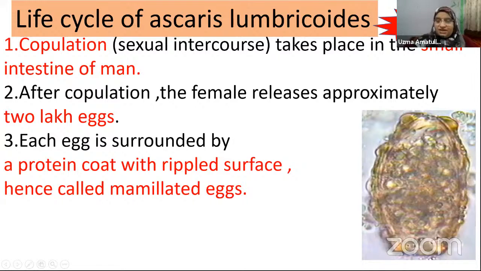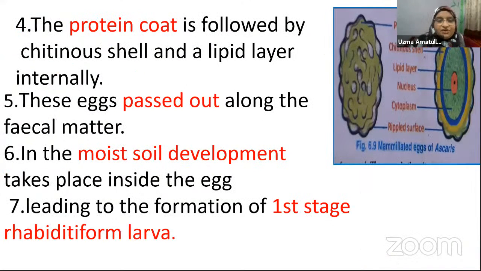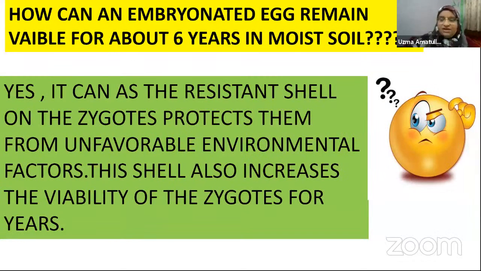On this life cycle, this explanation you have to write. So take screenshots and write all these questions and answers in your notebooks, and then practice. And watch this video 2-3 times, so that if you are missing any point, you can cover it again.